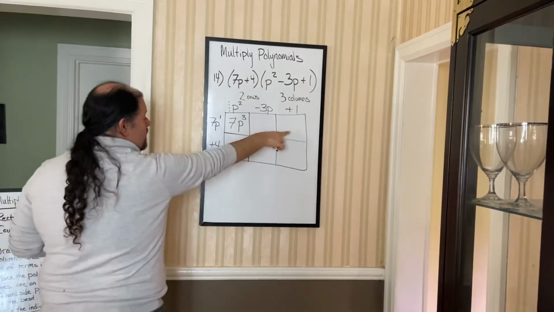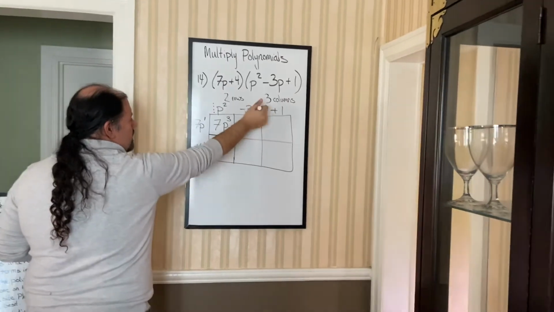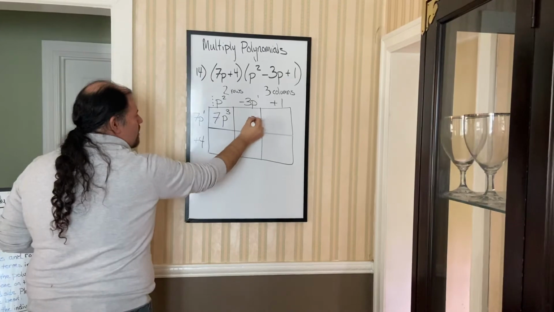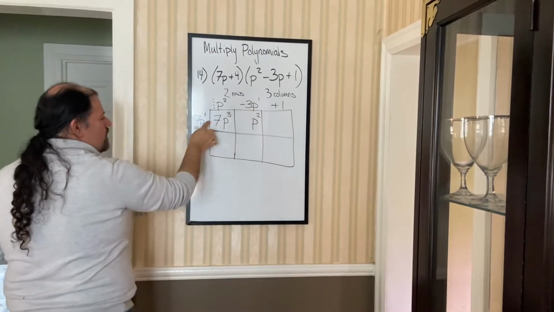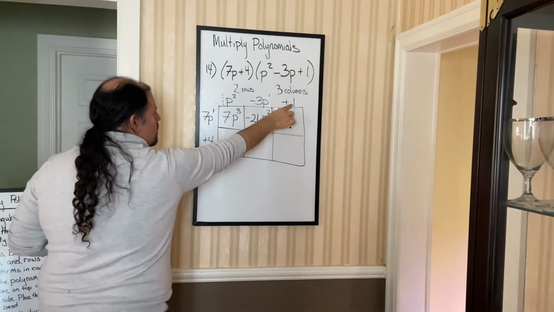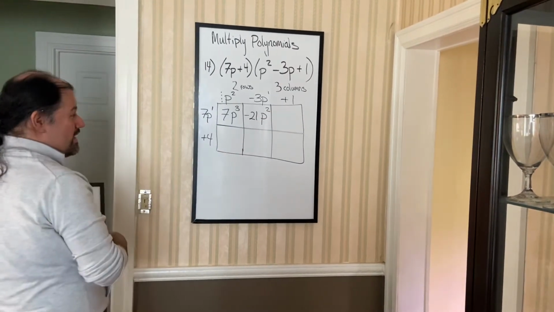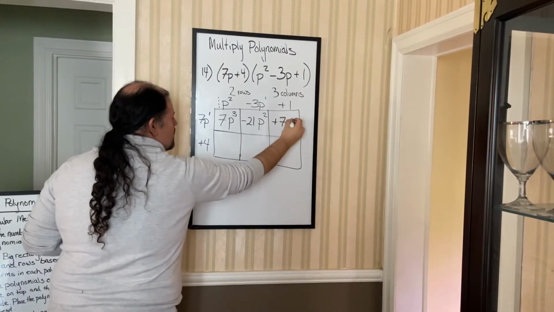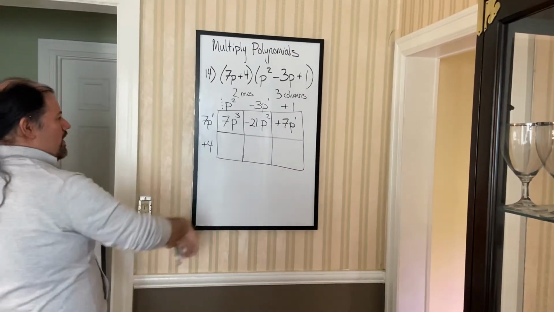We're going to fill up the other individual squares. So p, 1 on top, 1 to the left. That means we got 2 of them. And then the coefficients, just multiply. Here, 1 times anything, you know it's always the other guy. So this is going to be a positive 7p. You can put the little 1 there if you want.